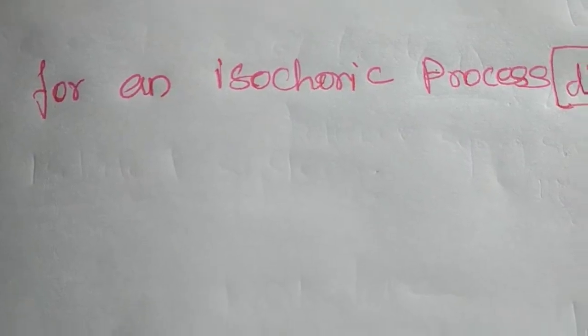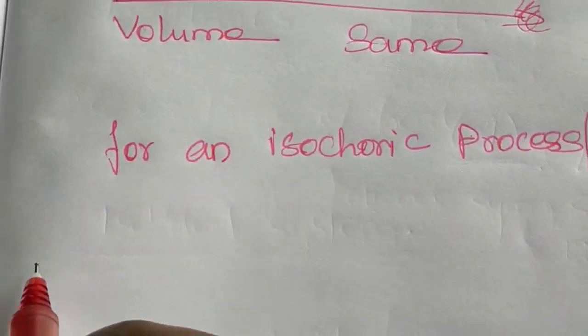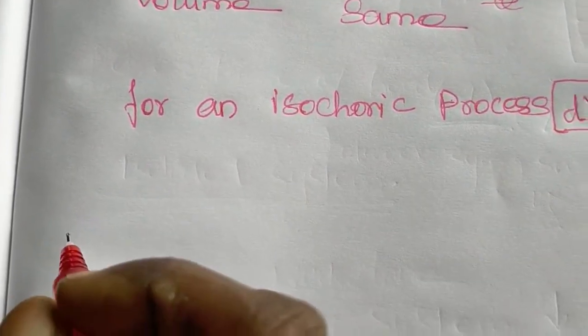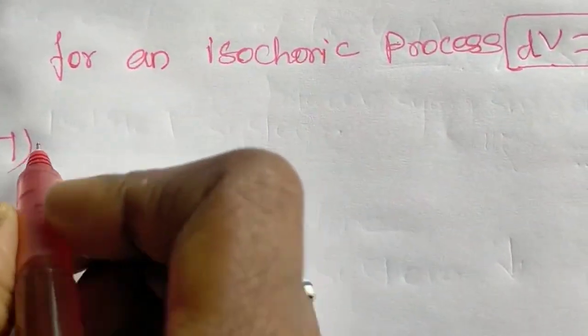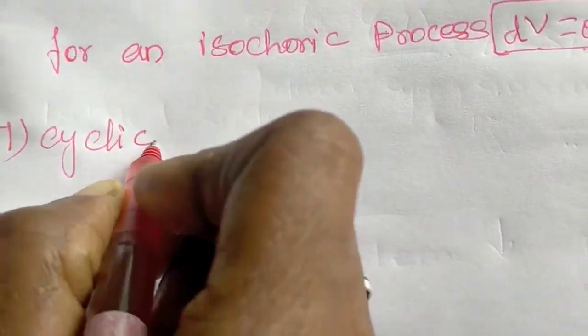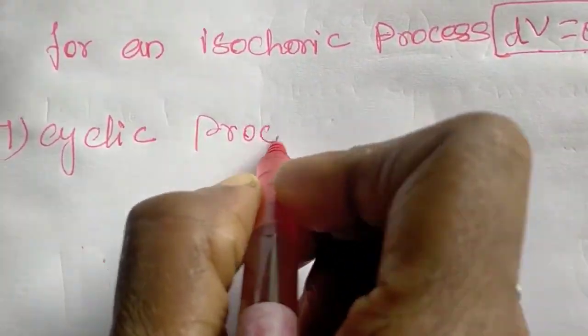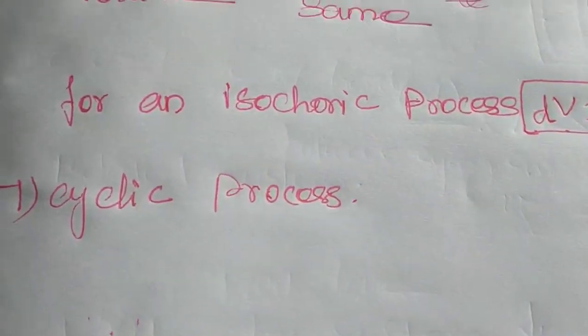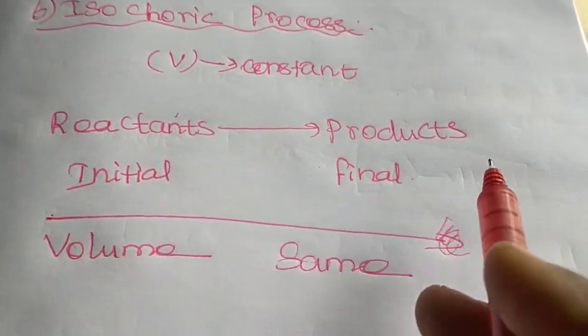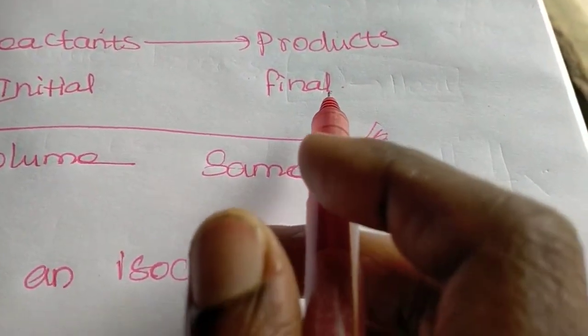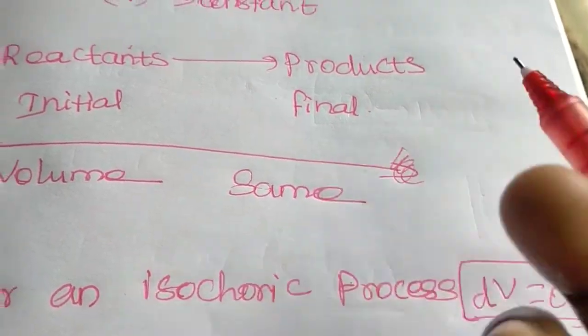Then the last and final thermodynamic process, the seventh one, is the cyclic process. In the isochoric process, we have one example, that is combustion in a bomb calorimeter, combustion of fuel.